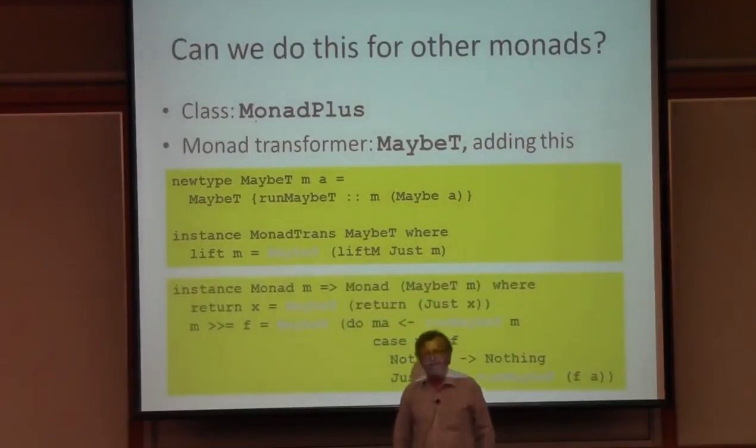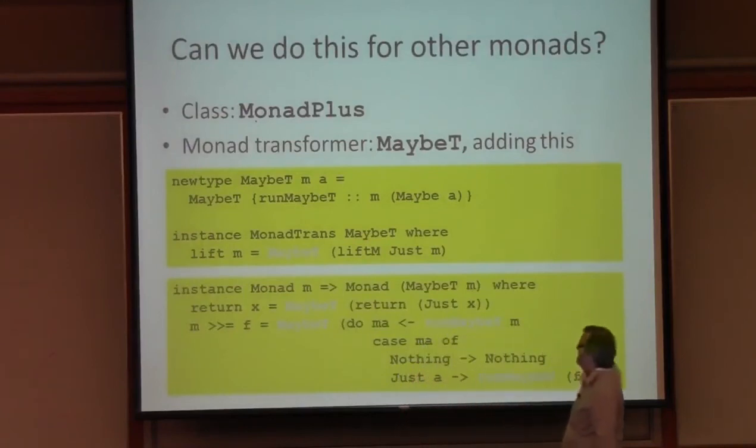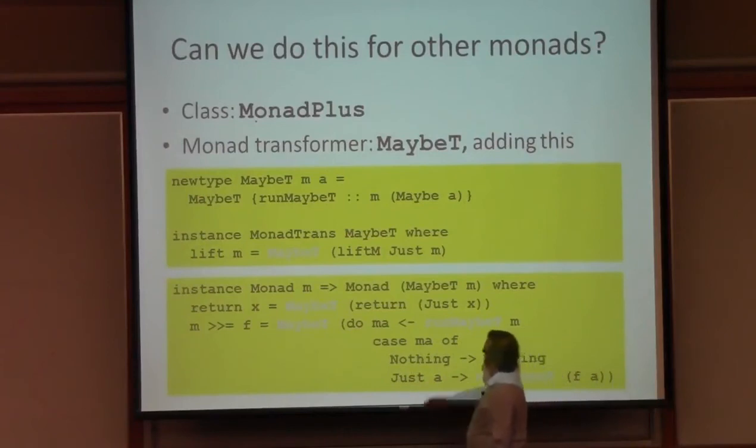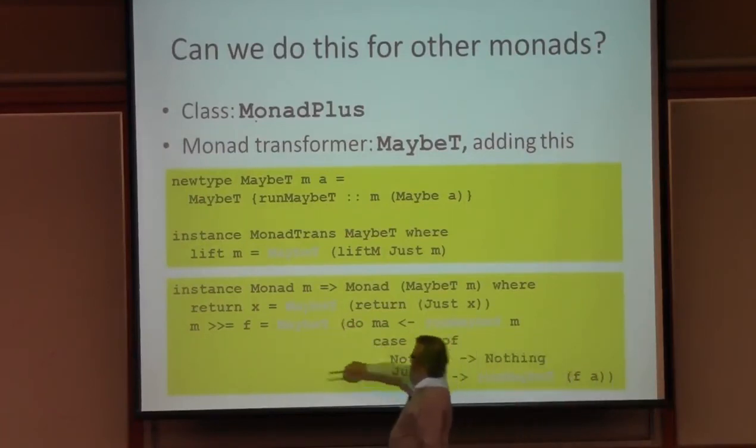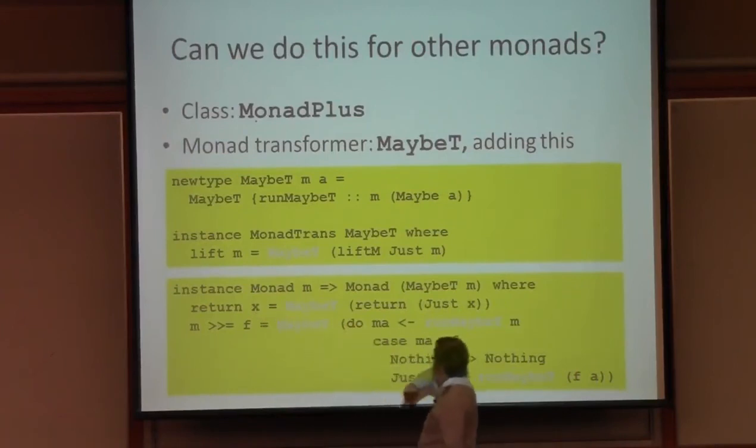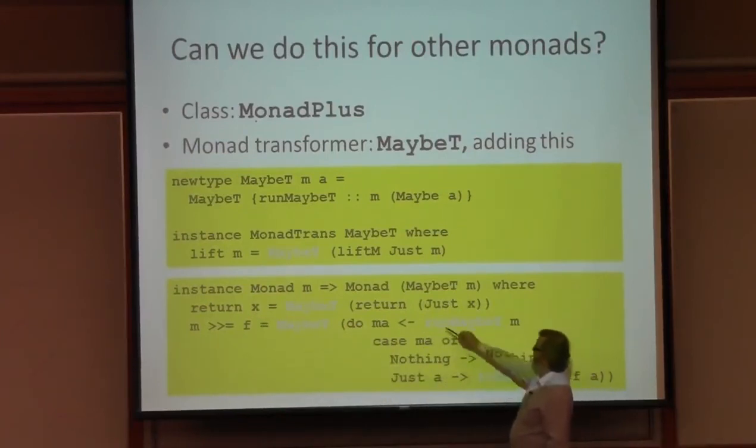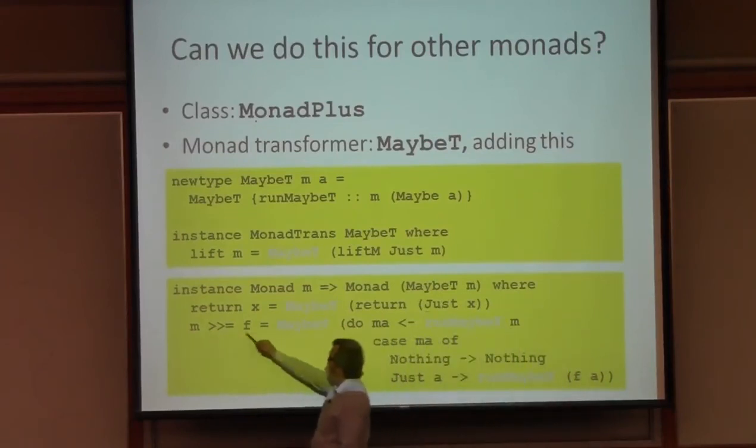And of course, we also need to write a monad instance for it. Here it is. So assuming that m is a monad, so is maybeT of m. And how do we return an x? Well, as I said a moment ago, we do it by returning just x. And how do we define bind?